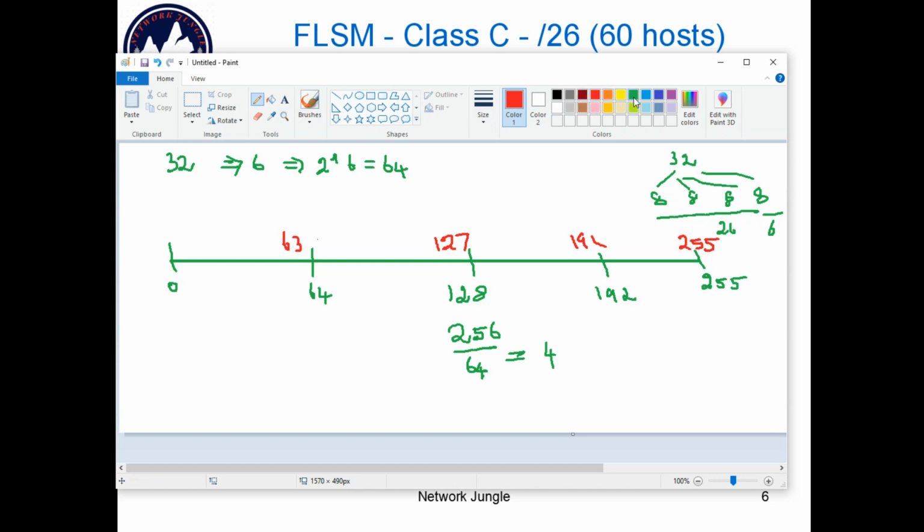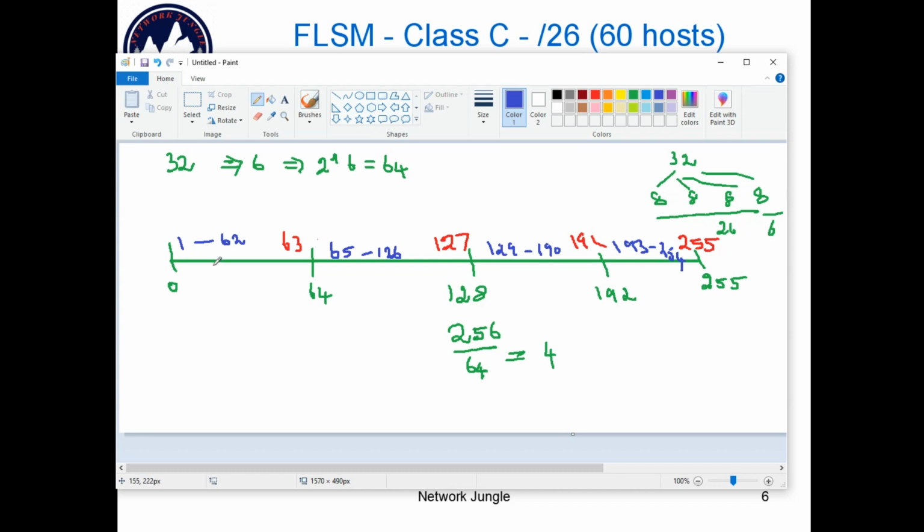Then these are the valid IP addresses: 1 to 62, then 65 to 126, 129 to 190, and 193 to 254. This way you calculate the different subnets for the valid IP addresses, network address and broadcast address.